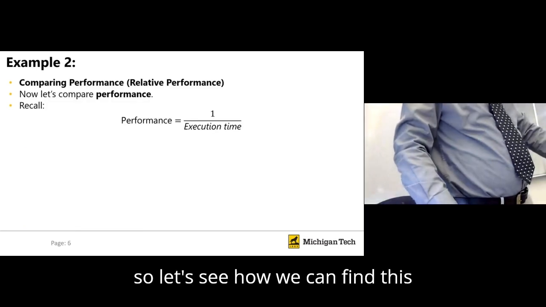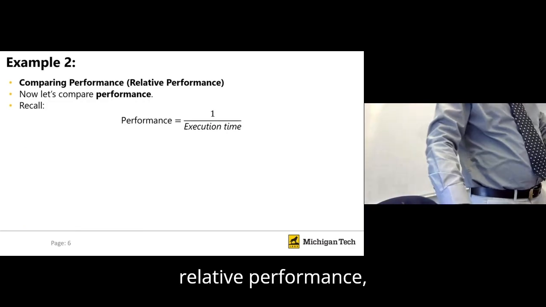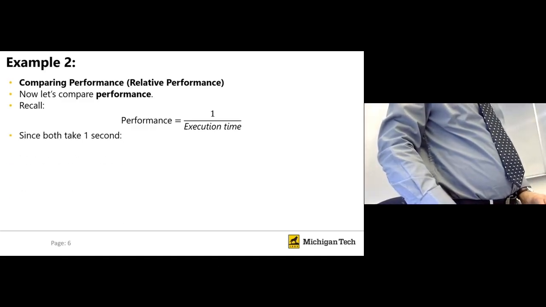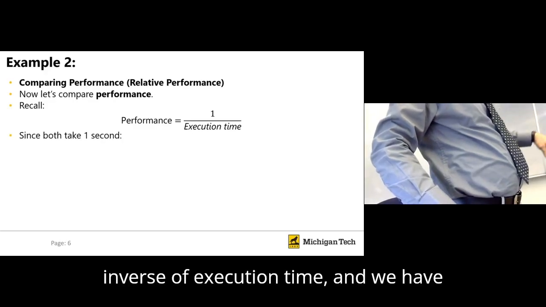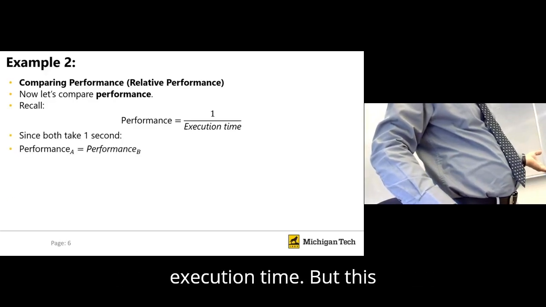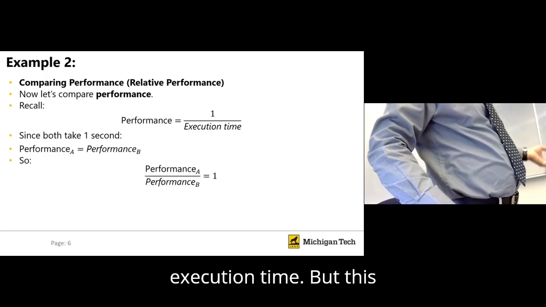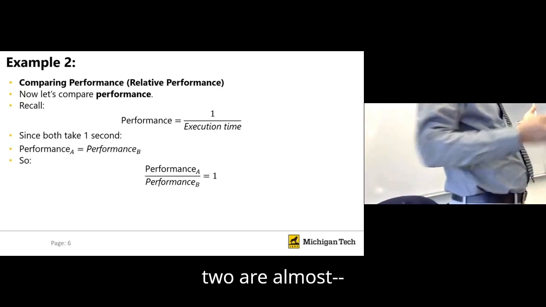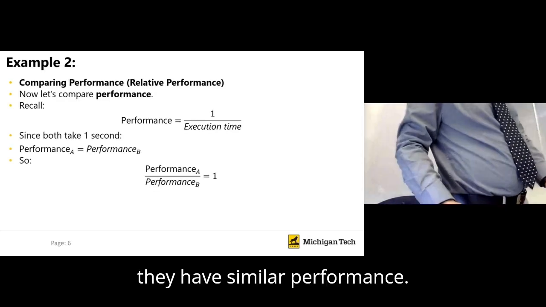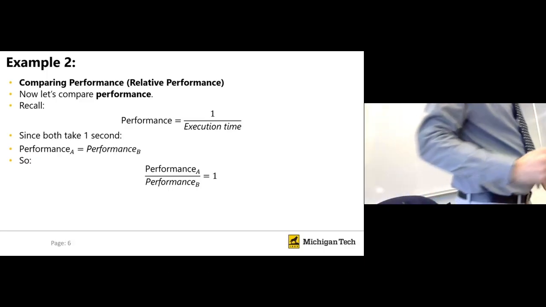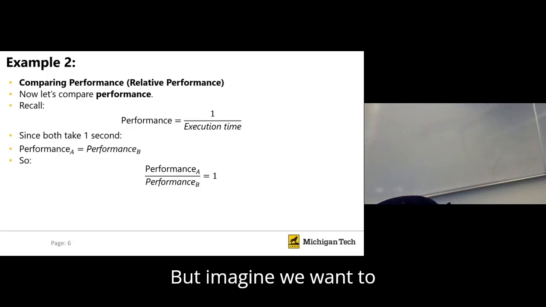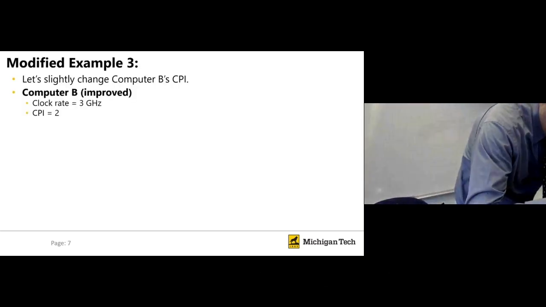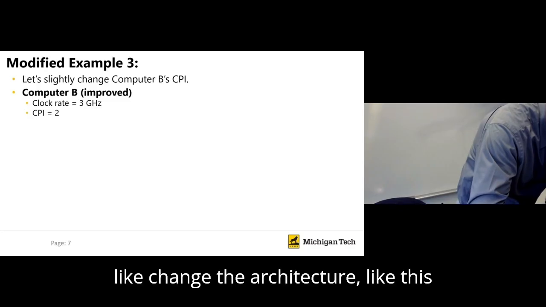Okay, so let's see how we can find this relative performance. Because performance is the inverse of execution time, and we have the execution time, this ratio is 1. So it means these 2 have similar performance. But imagine we want to change system B a little bit, like change the architecture.